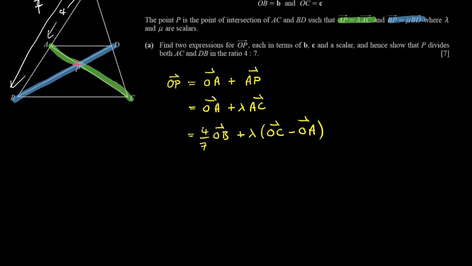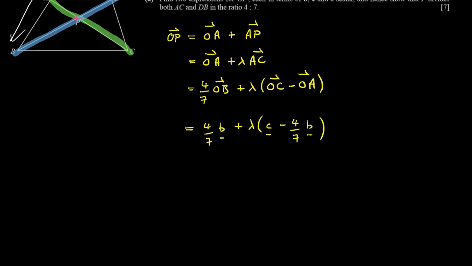All right, now let's simplify this. So 4/7 of OB, we can replace the OB, just call it vector B, plus lambda. We can replace OC with the vector C. And OA, we already said that's equal to 4/7 of OB, so this is negative 4/7 of the vector B. So now if we were to simplify all of this, how many B's have we got?